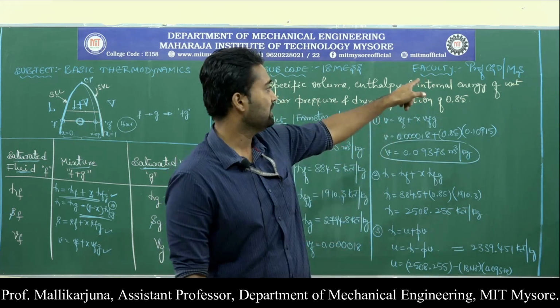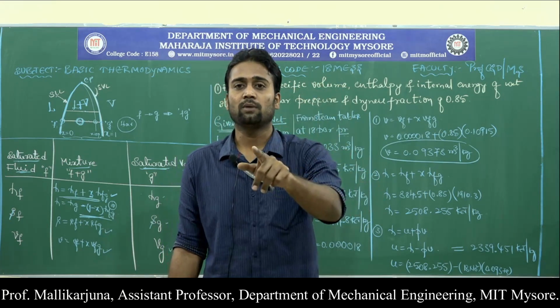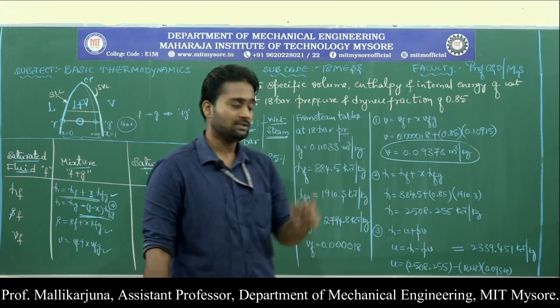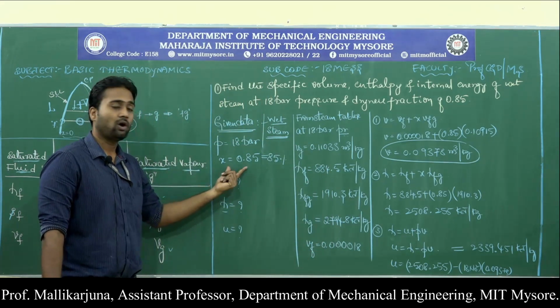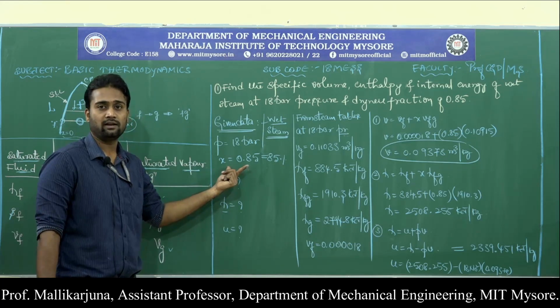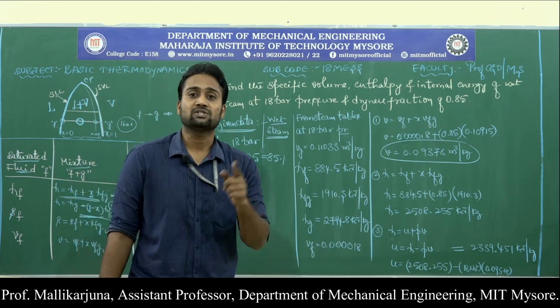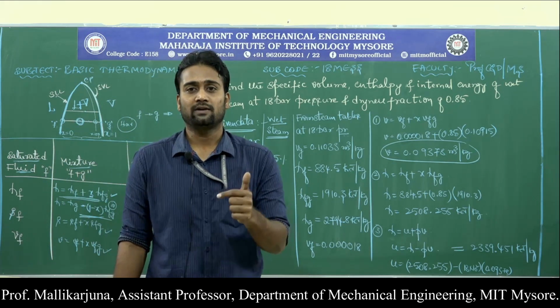If he hasn't mentioned wet steam, then initially your job is to find the kind of steam, and that has to be found with the help of X. If they have not mentioned the value of X, you need to find the value of x first. Based on that, you need to decide the kind of steam.